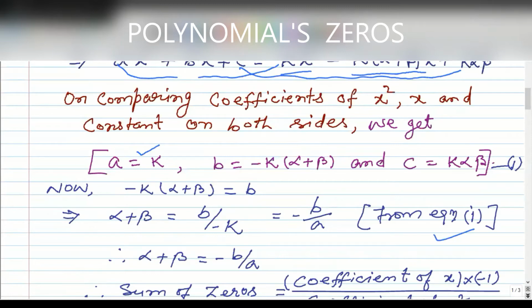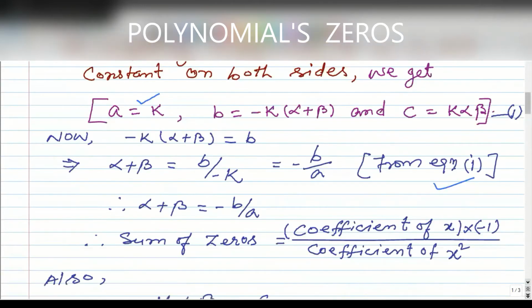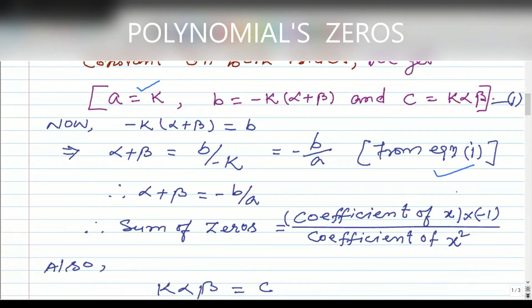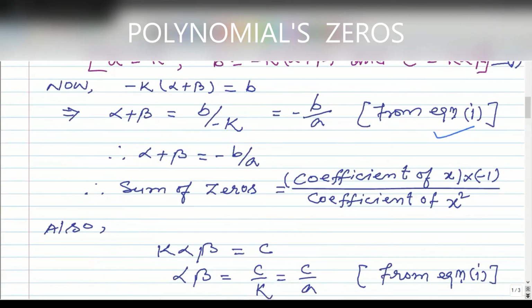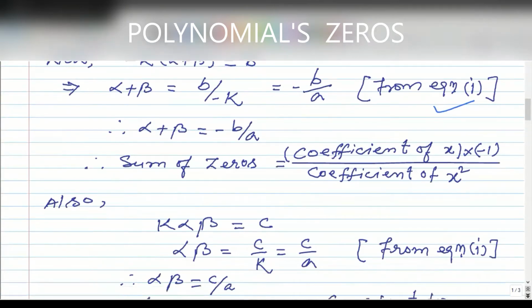That means the sum of the zeros alpha and beta is minus the coefficient of x, and I have taken here minus 1, over the coefficient of x squared, that is a. Also, the constant term equal to k into alpha into beta.